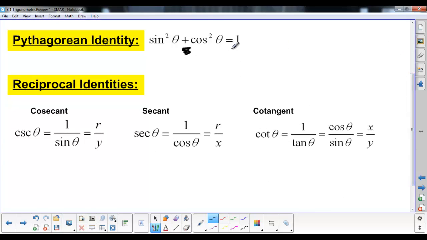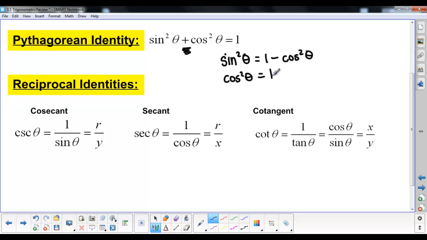This actually can be rewritten to help you solve for other things. So for example, I could rearrange the formula to isolate sine squared theta, and so sine squared theta would just be 1, and then move this cos squared theta to the other side. So 1 minus cos squared theta. Similarly, we can isolate cos squared theta and replace that with 1 minus sine squared theta. So all three of these could be quite helpful when you are working with identities.